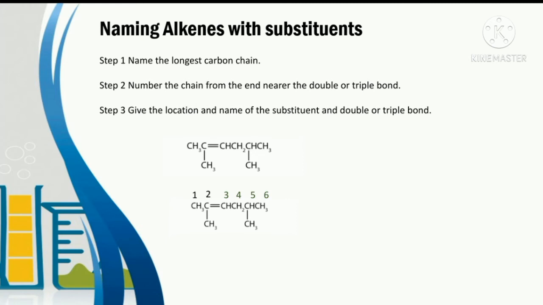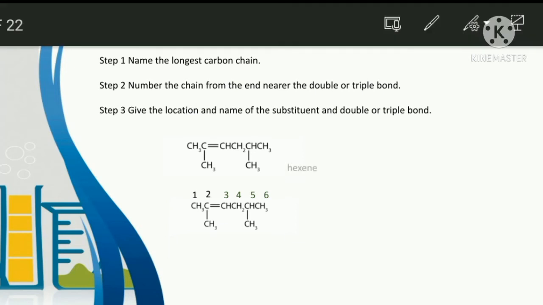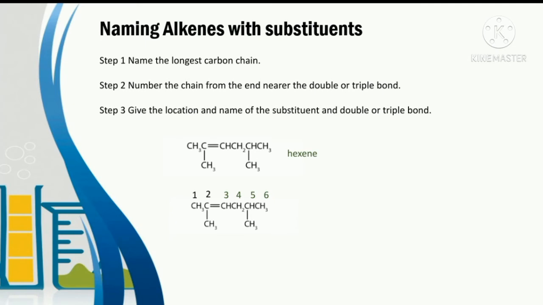In this example, we will begin with determining the longest carbon chain containing the double bond. The longest chain contains 6 carbons, so the name is hexene. Step 2. We will start numbering at the left going to right because it is where the nearest double bond is located. Step 3. Give the location of the double bond.